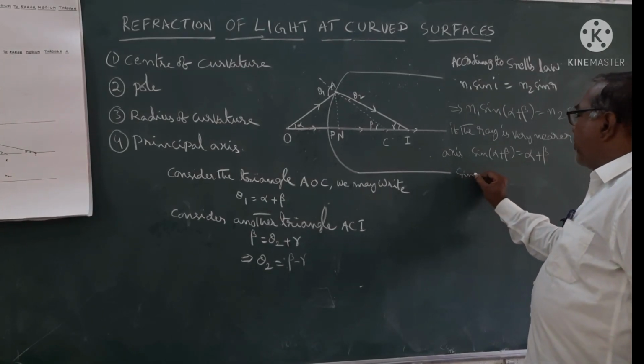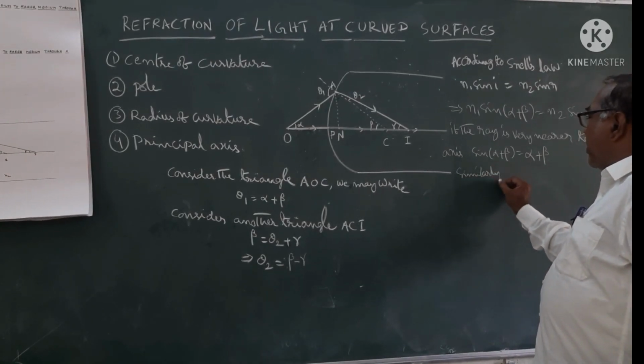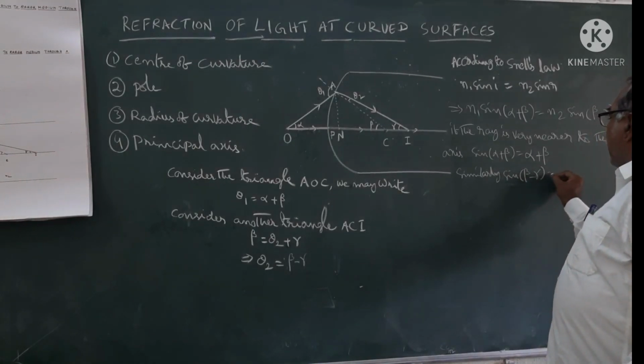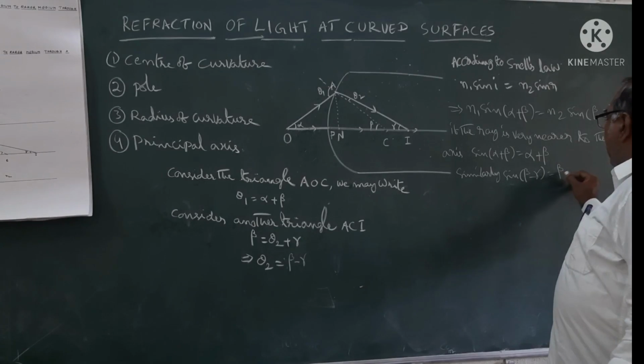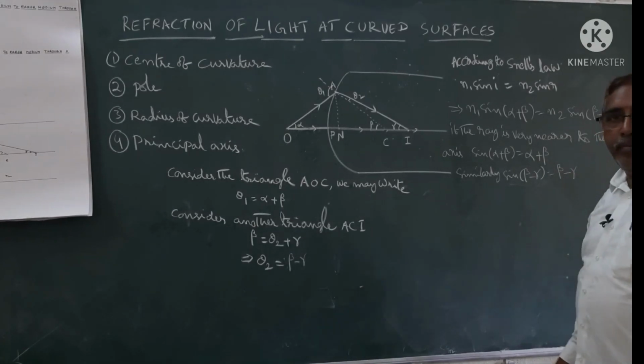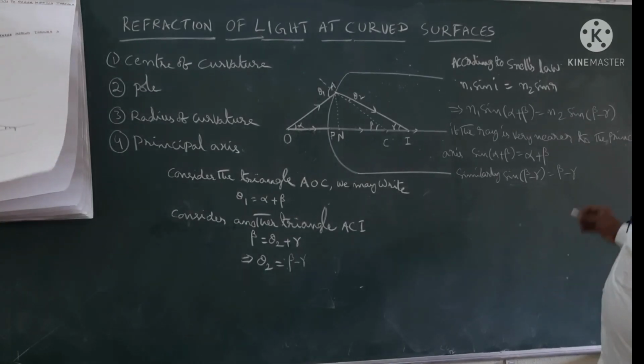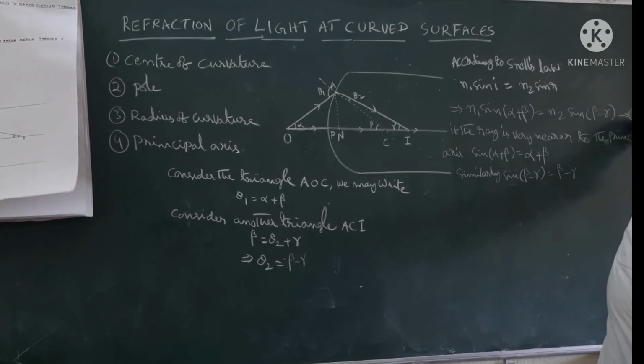Similarly, sin of beta minus gamma will be taken as beta minus gamma. It is equation number 1.